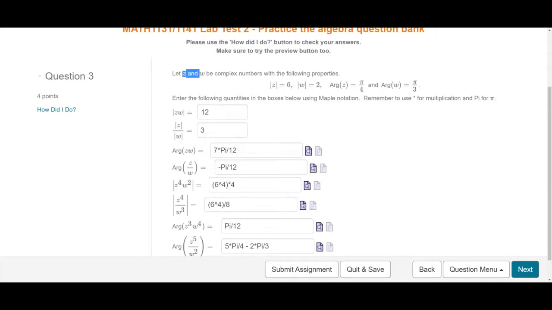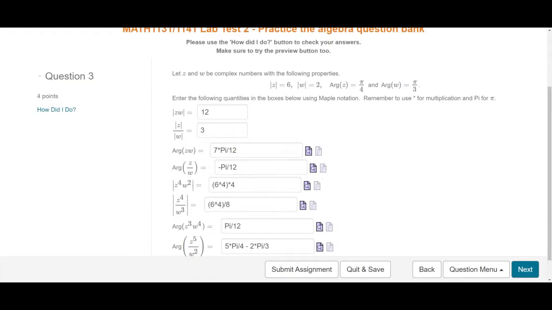All right, you've got two complex numbers Z and W. And the modulus of Z is 6, and the principal argument of Z is pi on 4. And the modulus of W is 2, and the principal argument of W is pi on 3. So both of these complex numbers sit in the first quadrant of the complex plane.